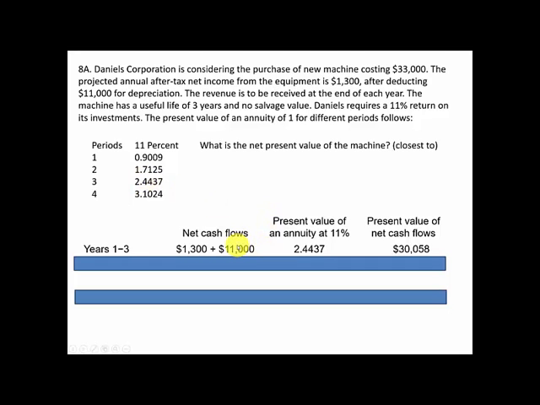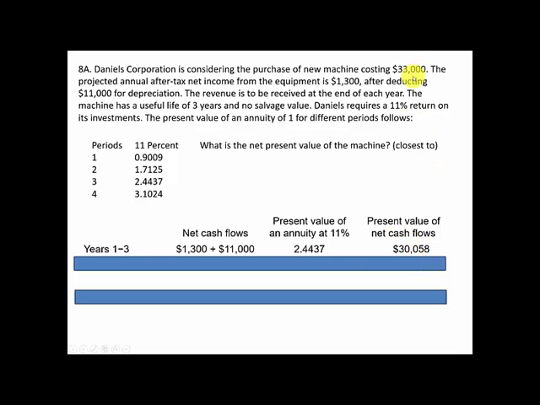That is, all these cash flows are going to be discounted back to the present at 11% for 3 periods, which is 2.4437. Multiply these two amounts together and you get the net present value of these cash inflows of $30,058.